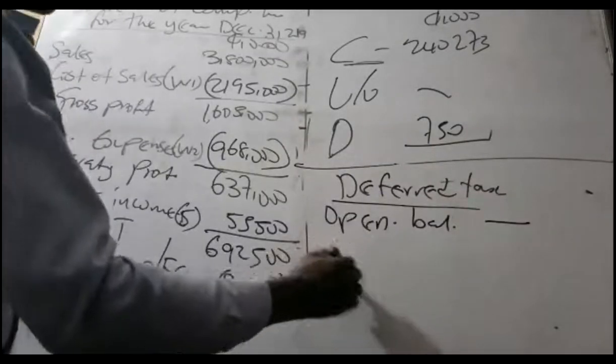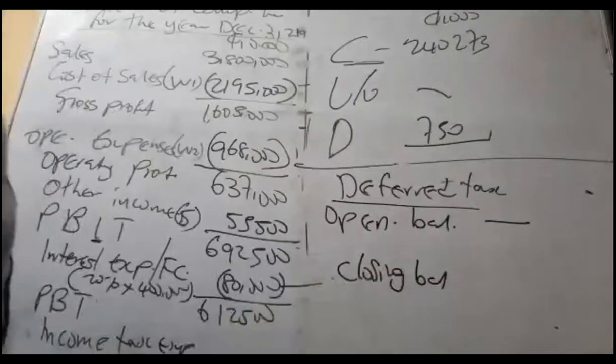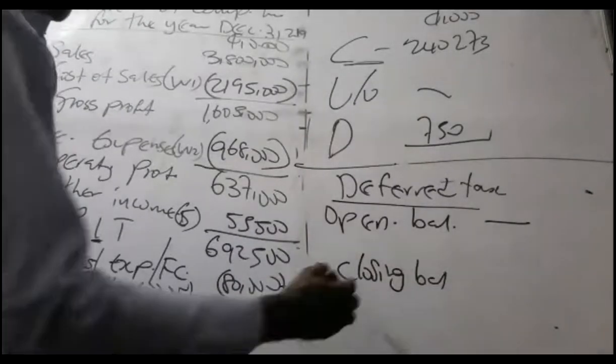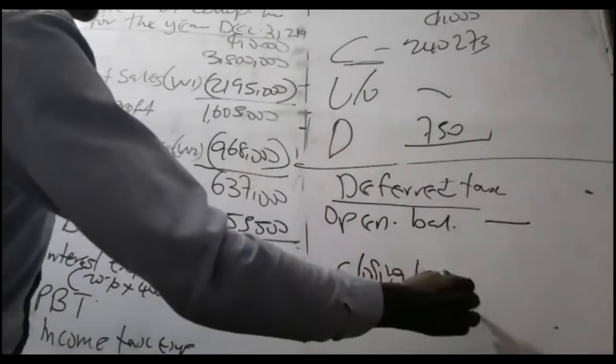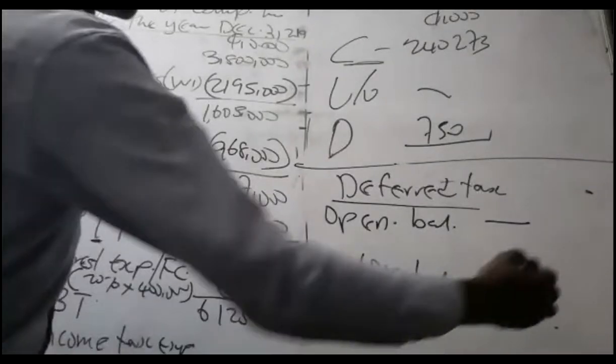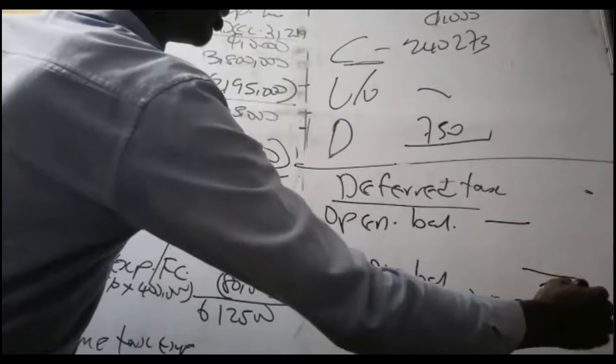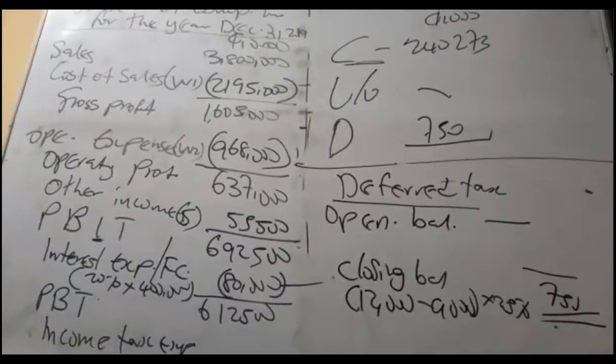Leave a line, come to closing balance. The closing balance, we compare 12,000 less 9,000 times 25%. So we had 750, so just 750.